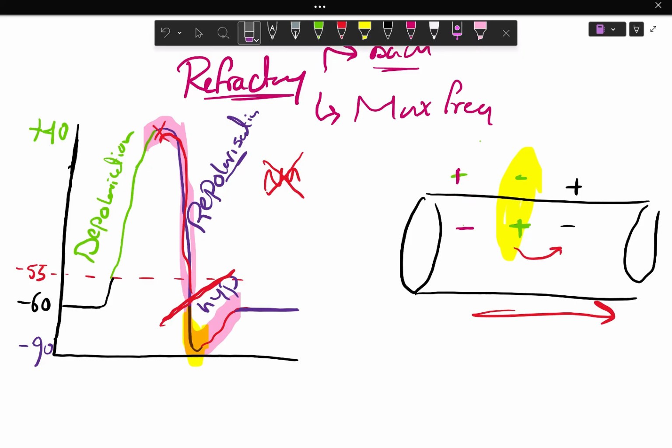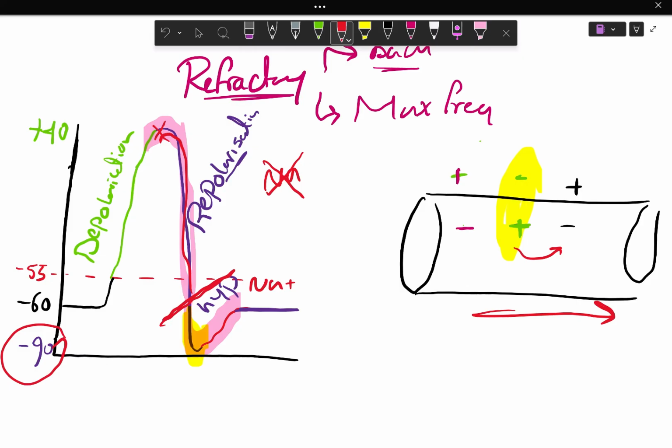So it has no option but to go forward. After that, starting from the hyperpolarization here, the sodium ion channels are activated again, so now they can open. But the membrane is so far below resting, at -90, that it's going to be very difficult for a stimulus to raise it to the threshold.